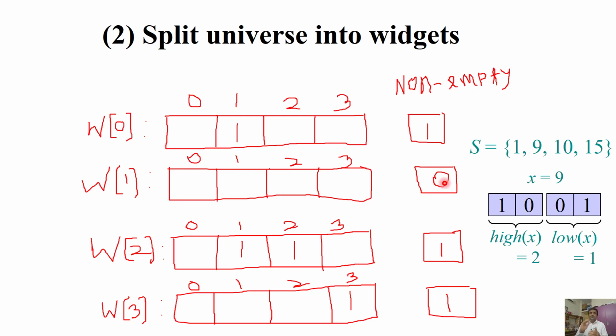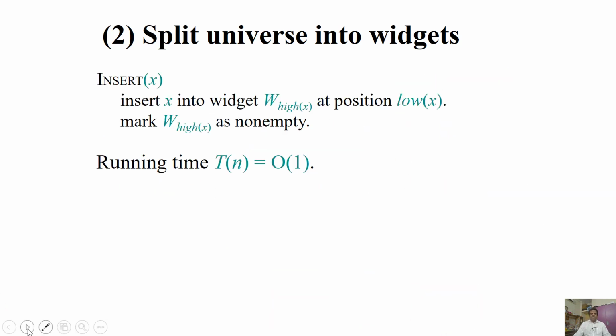That means we are going to search for the next non-empty widget. We can do that by again a successor query on this non-empty array, the summary array. So that we will do. Insert we know: we can go to that position and insert, and that is constant time.